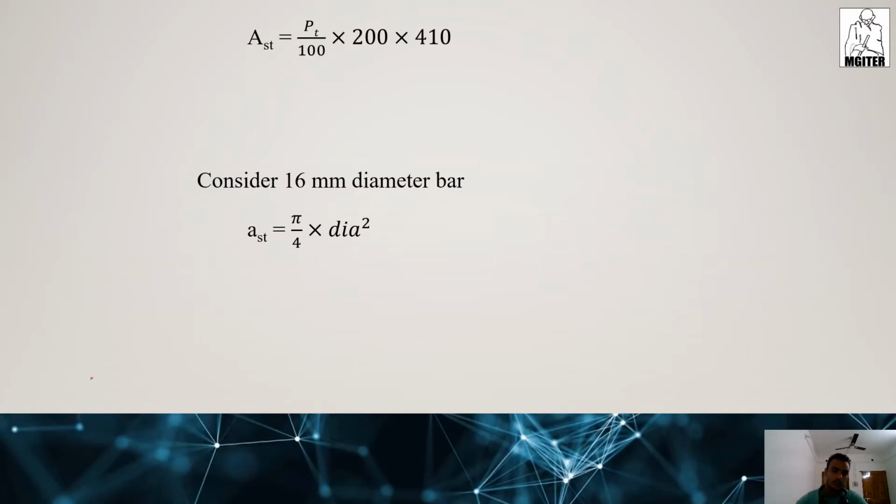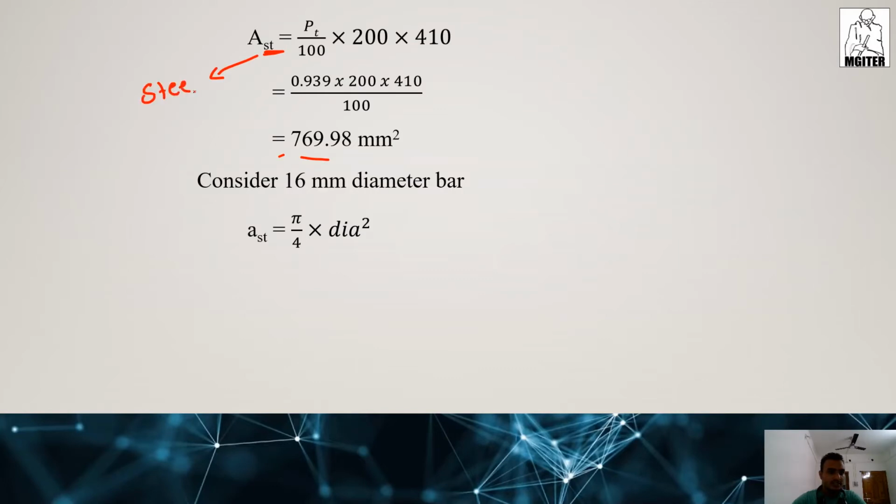Then after, Ast, area of steel. From the percentage of steel we have to find area of steel: Pt by 100 into B into D. So provide the Pt value, percentage of steel, and we find the area of steel: 769.98 mm square. This is the total area of steel in the tension zone. Look here, Ast is area of steel, and t is for tension, so we call it area of steel in the tension zone.